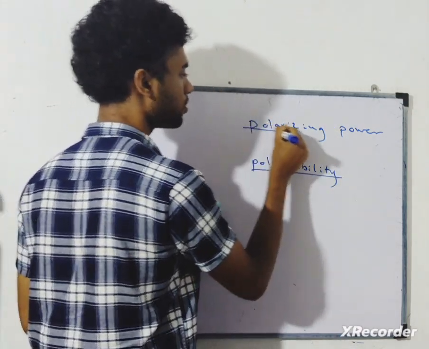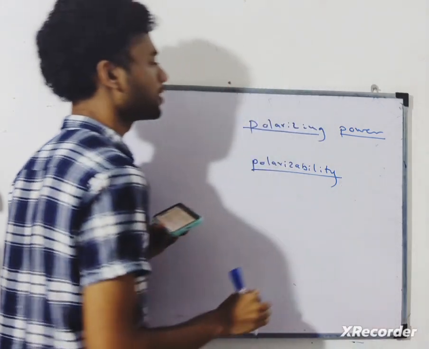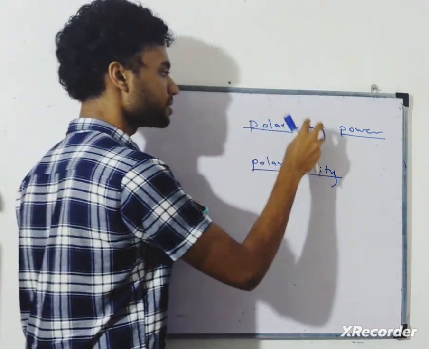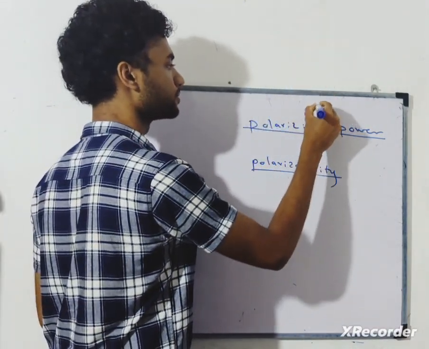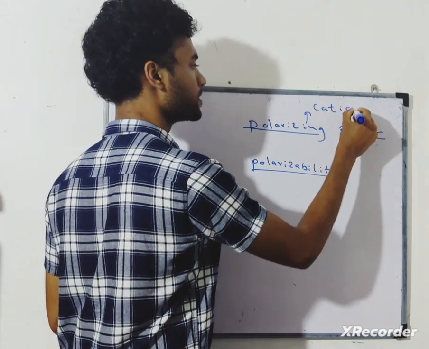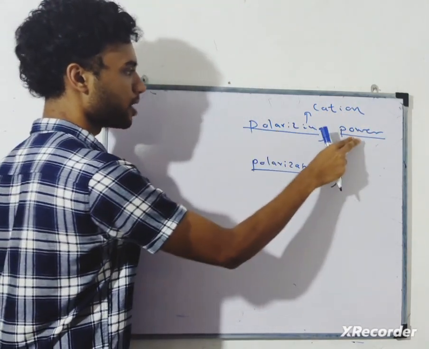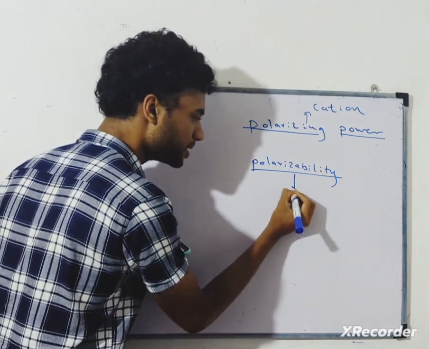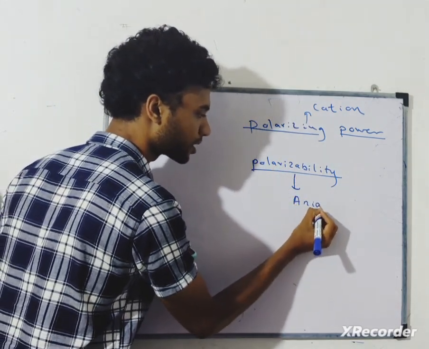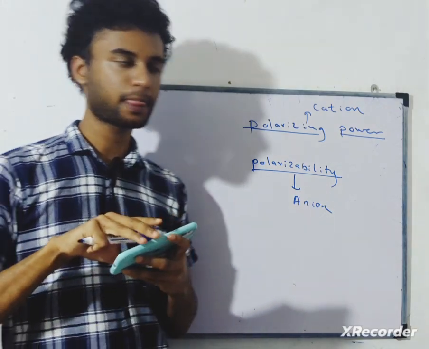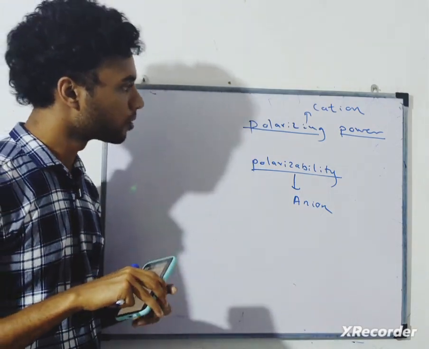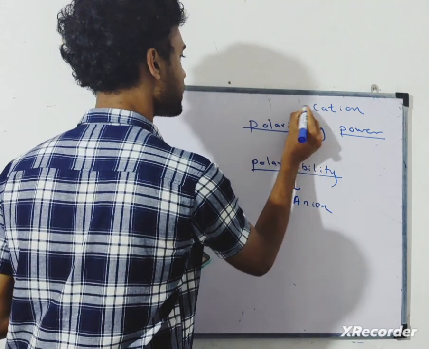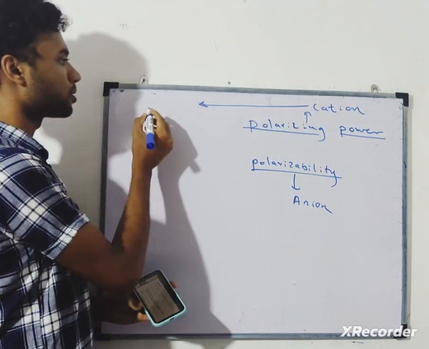You talk about the polarizing power of the cation, and we talk about the polarizability of the anion. It's a quick revision of the theory, right?